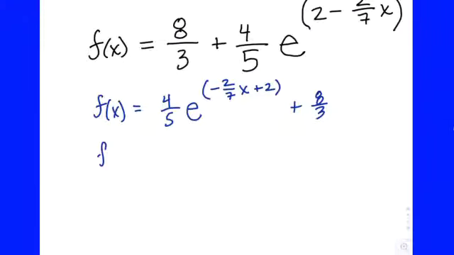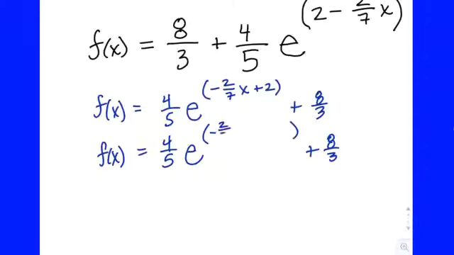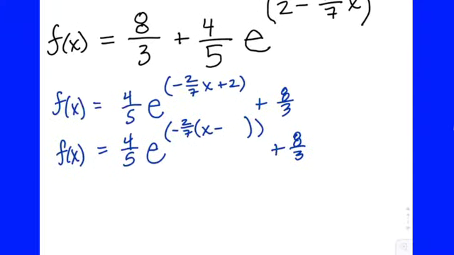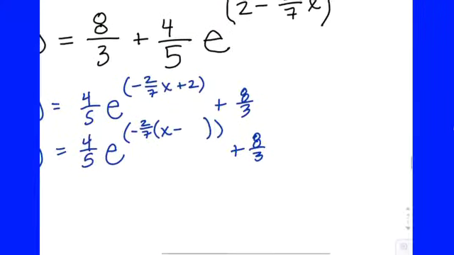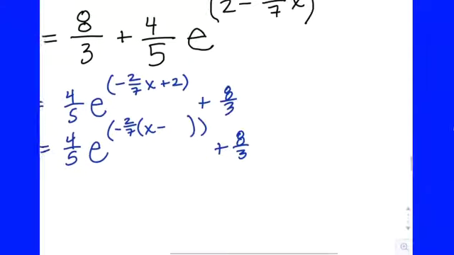And now, the fun part, we have to factor out the coefficient of X in the inside, so it will remain in the exponent. And of course, the coefficient is negative 2/7. So when I factor a negative 2/7 out, I'm going to be left with the quantity X. And then, of course, I know the sign's going to change, minus, but the question is what remains? Well, we said you could do it off to the side.